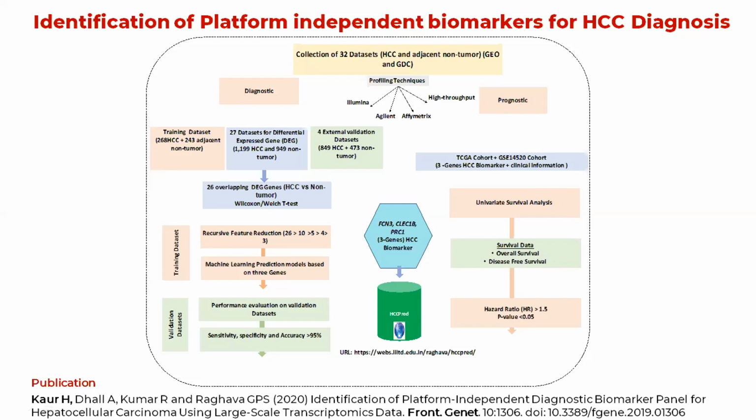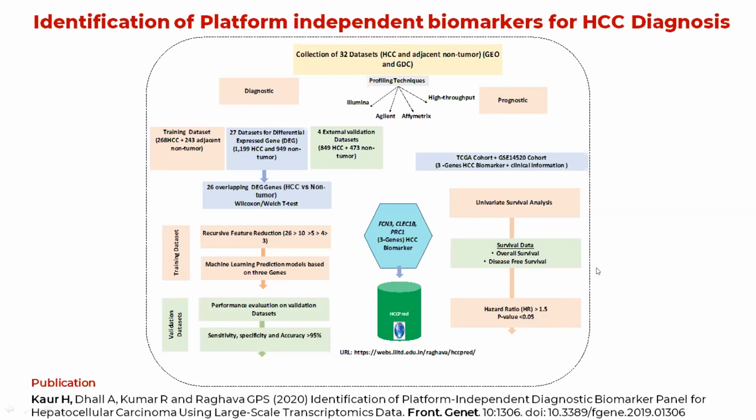Eventually, we have confirmed that all these 3 genes are able to significantly stratify high and low survival risk groups of HCC patients with an HR value, that is hazard ratio, more than 1.5 and p value less than 0.05.